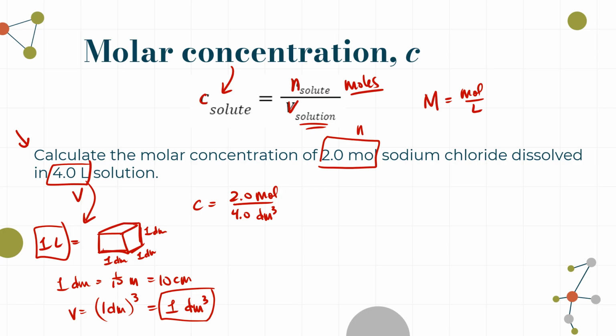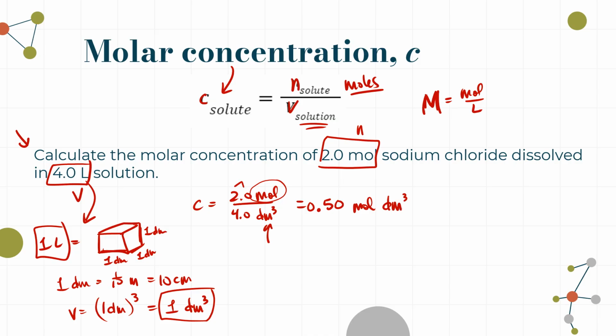So now I can finally do my math. 2 divided by 4 is 0.5, but I need to keep 2 sig figs, so 0.5 is not sufficient. It needs to be 0.50. We could throw a 0 in front of there. So my unit label: in grade 10 chem, we use big M for molar, but here I'm going to keep my moles, and I'm also going to keep my cubic decimeters. But this doesn't make any sense because this is in the denominator.